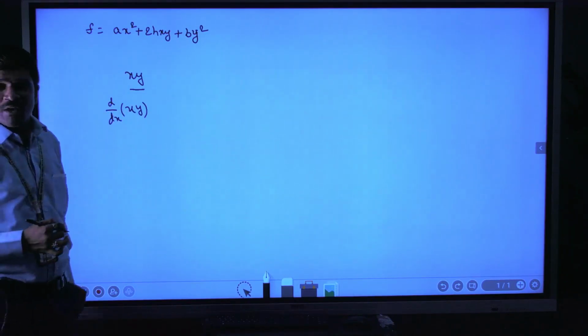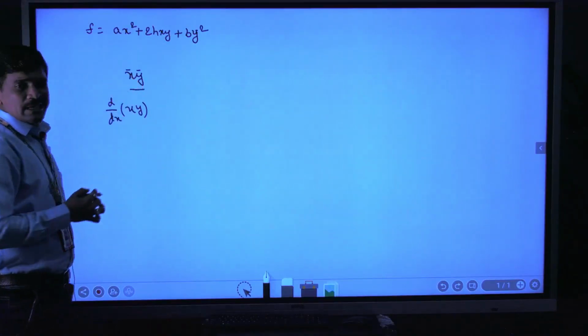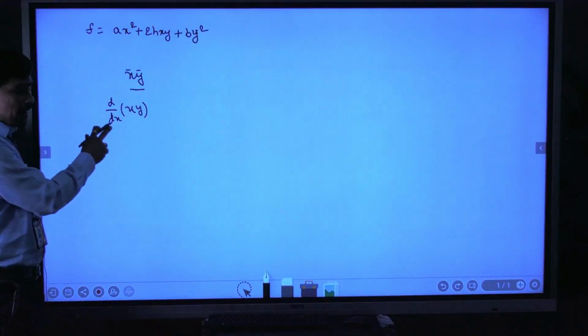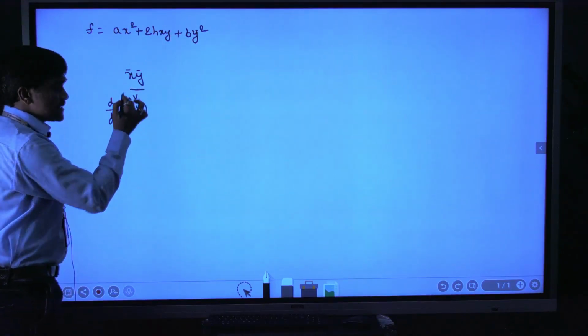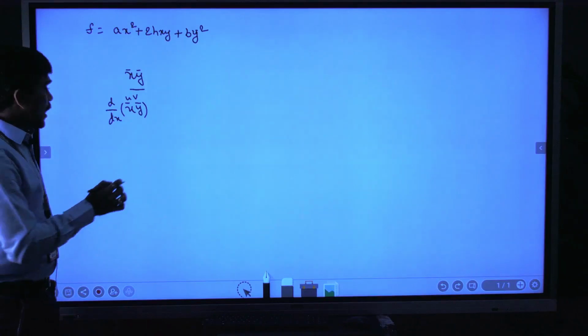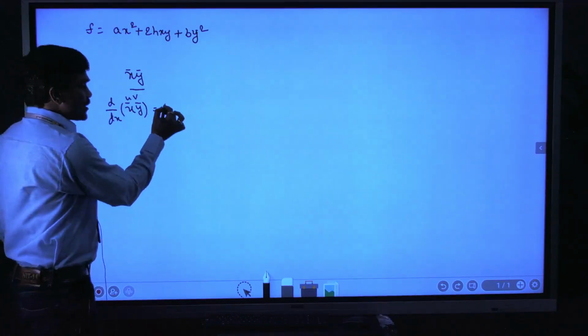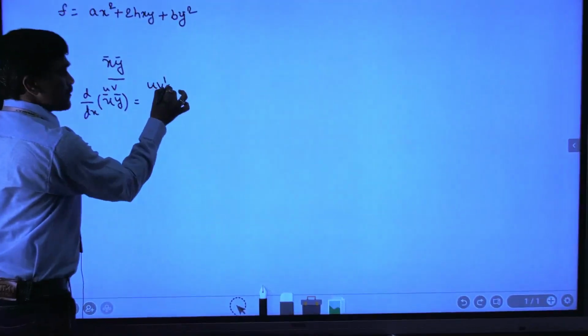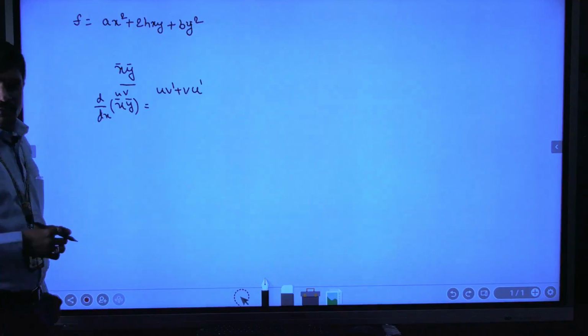Here x is one function and y is another function. Now, d by dx, this is considered as uv. What is the derivative of uv? It is uv dash plus vu dash. So this is the derivative of uv.